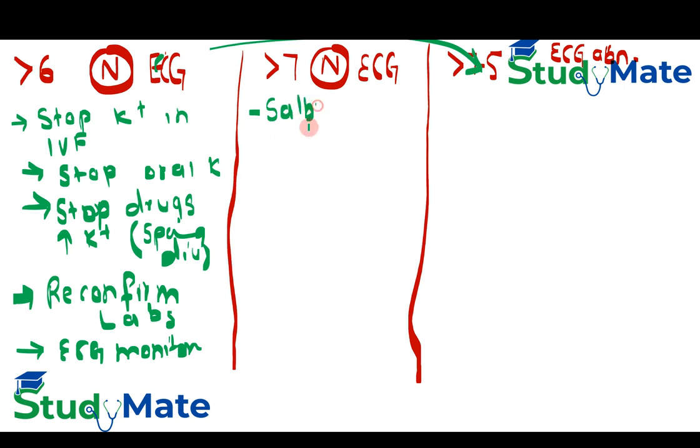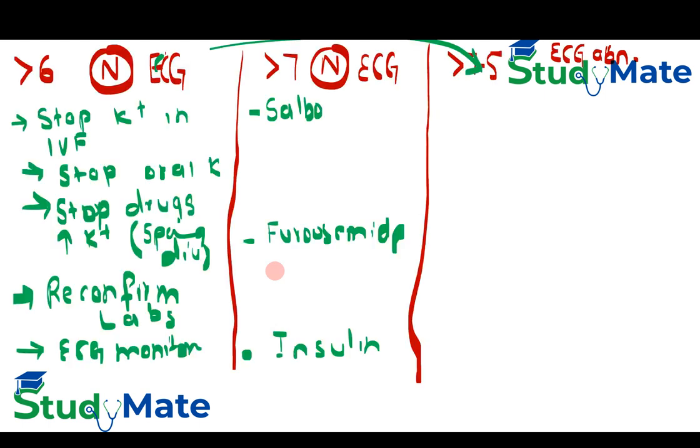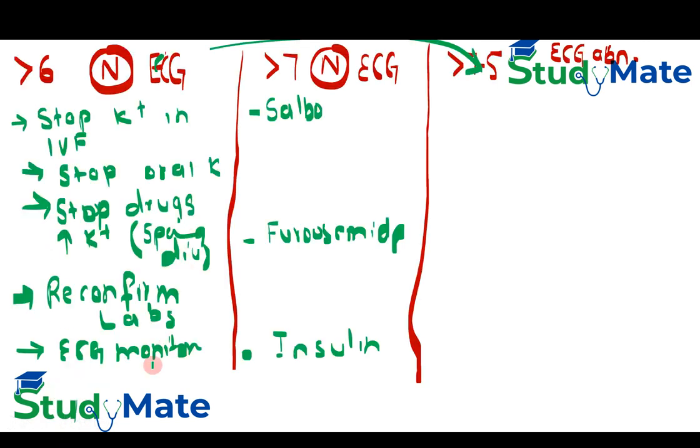Salbutamol, furosemide or the loop diuretics, and insulin. Once I am done with this management, I will tell the mechanism of action of each of these. Now, salbutamol, I will also write the doses so that it is a practical lecture for you guys.